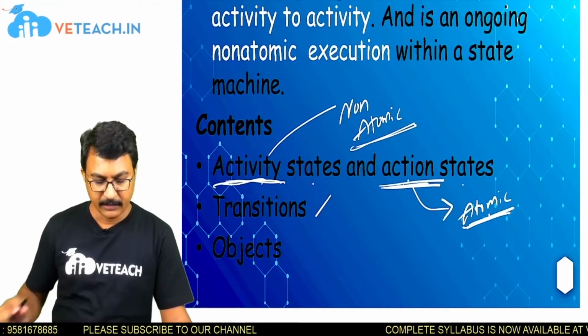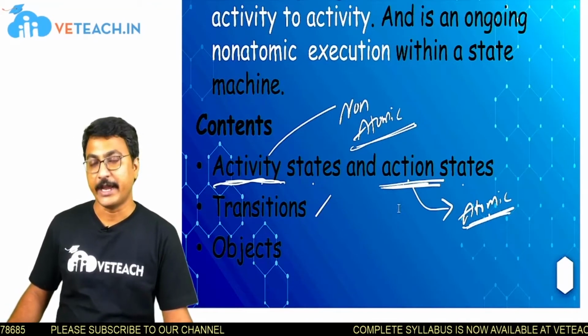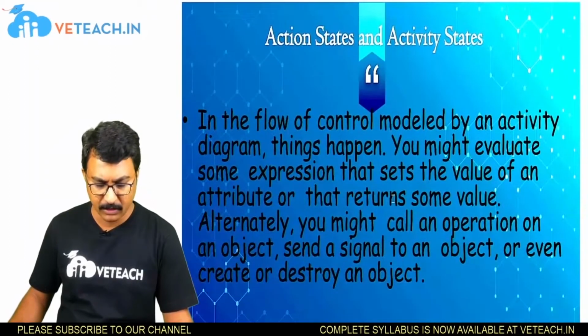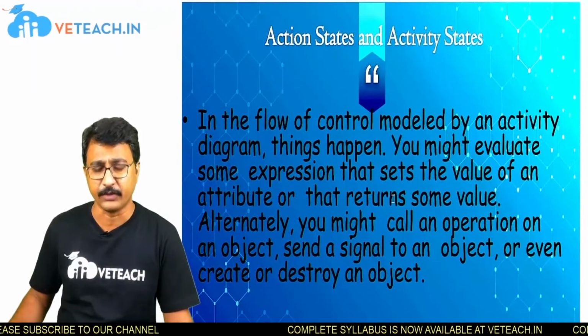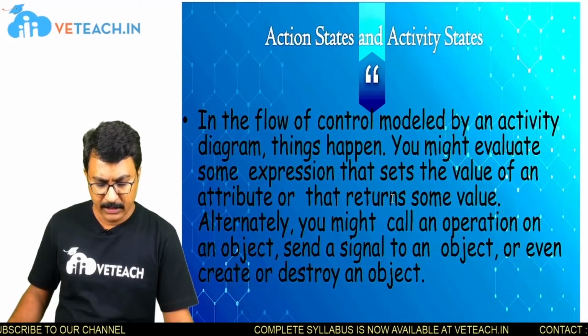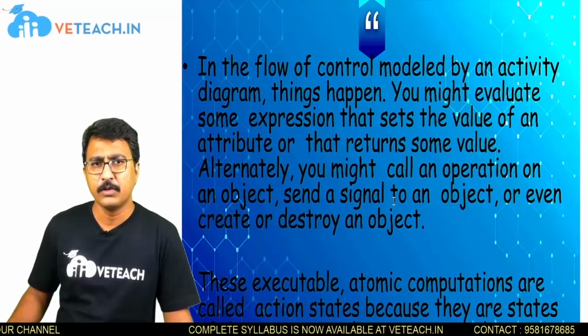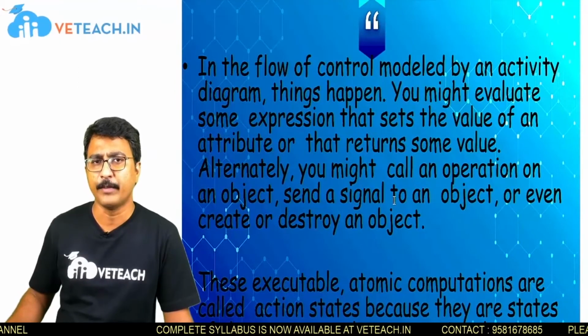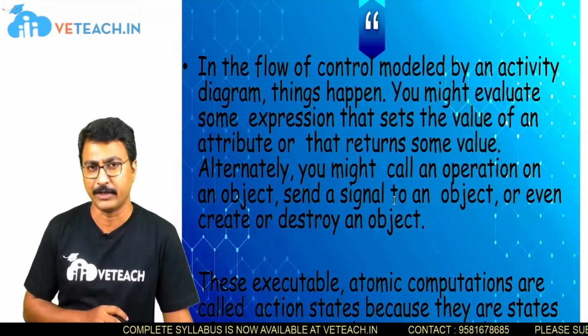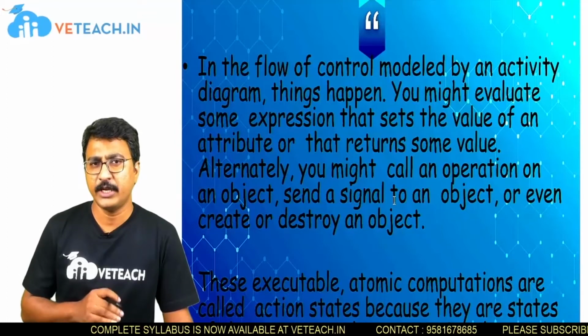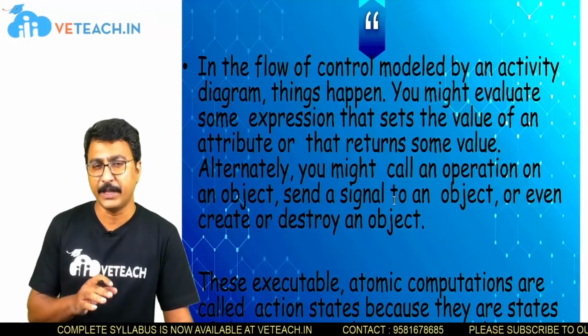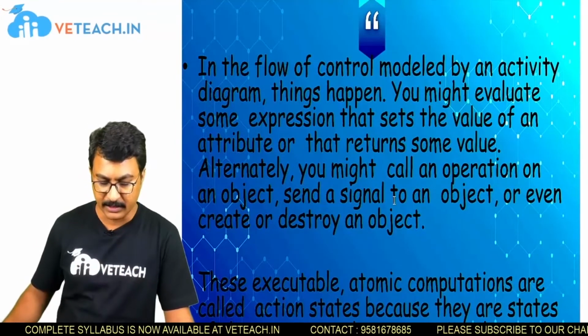Followed by that, an activity diagram consists of transitions and objects. Objects also add to the activity diagram. So what are these action states and activity states? As indicated, the flow of control is shown from activity to activity in an activity diagram. An action state or an activity state plays the role of states in this diagram.